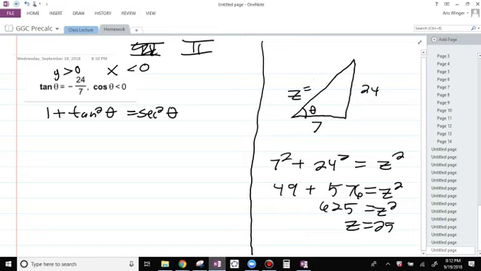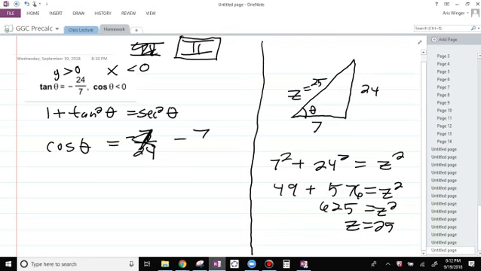And so then we can run all of the stuff we know about sine, cosine, tangent for this. So then the cosine of theta is adjacent over hypotenuse, 7 over 25, and we just need to make sure, because we're in quadrant 2, it's negative 7 over 25, and it's negative because we're in quadrant 2.